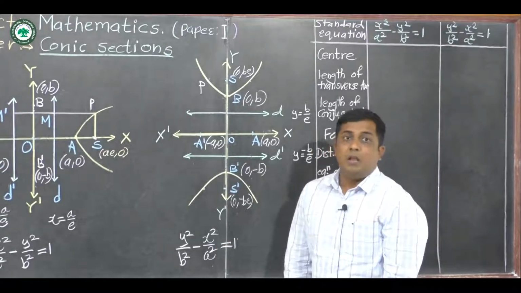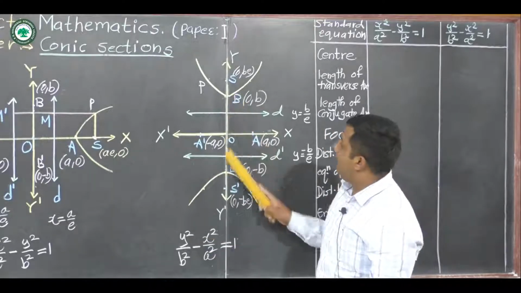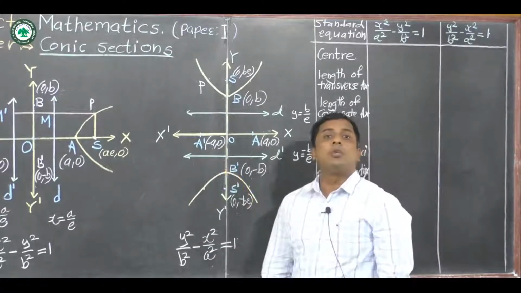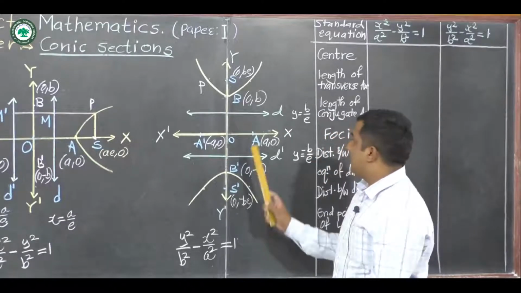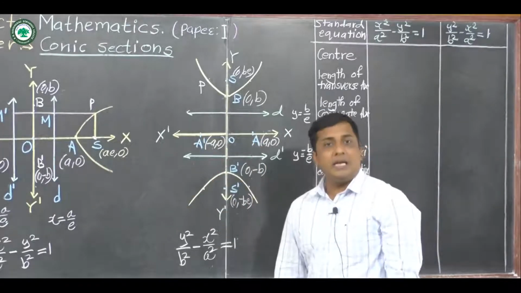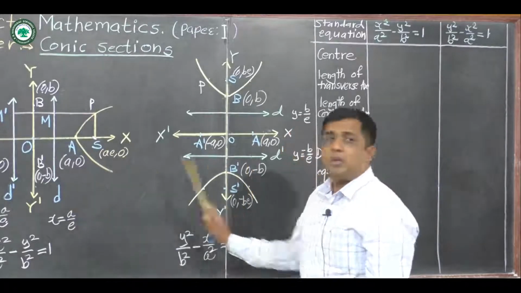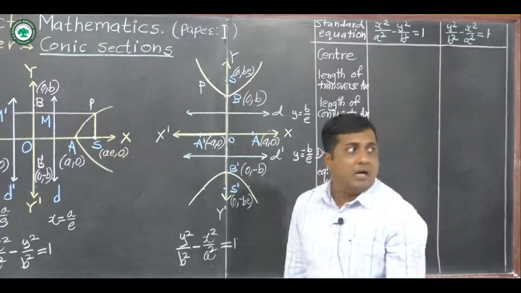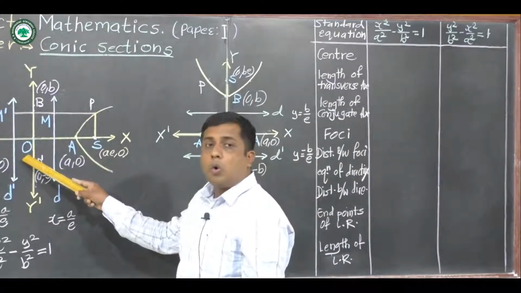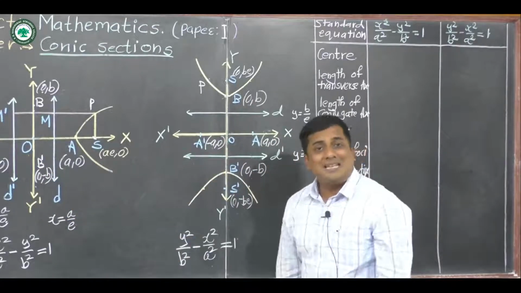Here the length of the transverse axis, that is, the distance B B dash, is 2b, and the length of the conjugate axis, that is, the distance A A dash, is 2a. In both figures, since we consider the standard equation of the hyperbola, the center is O with coordinates (0, 0) in both cases.